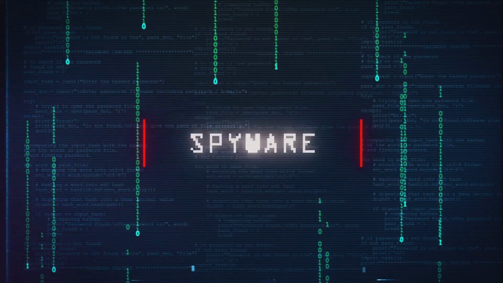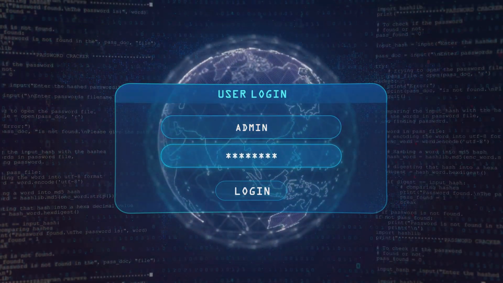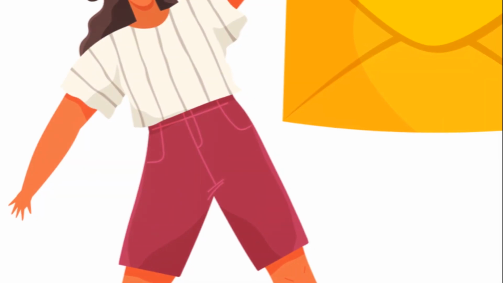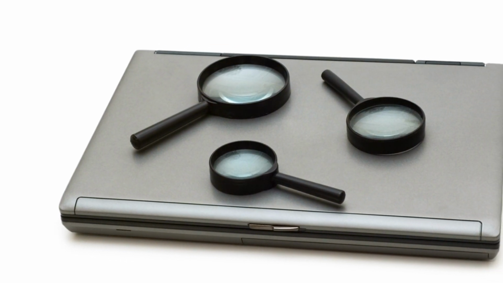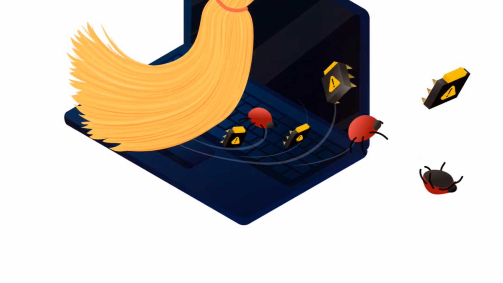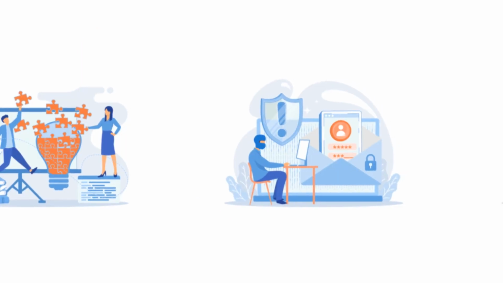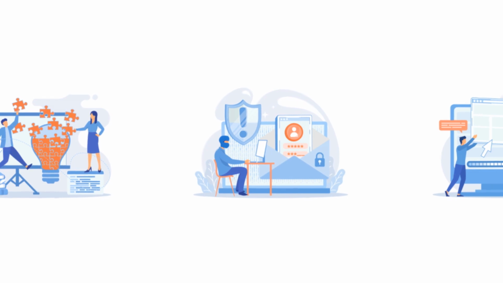That's where behavior-based detection comes in. Instead of looking for known signatures, this method monitors the behavior of files and programs. If a program starts acting suspiciously, like trying to access protected files or modify system settings, it's flagged as potential malware. This method is more effective at catching new and unknown threats, but it can sometimes lead to false positives, flagging benign software as malicious.